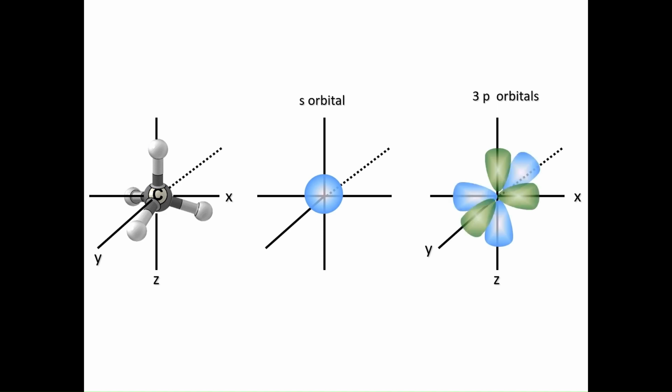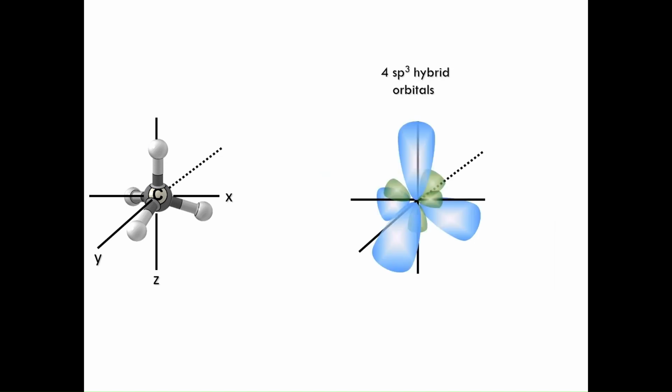You'll notice that its original s and p orbitals do not coincide with the tetrahedral shape that this molecule has in 3-dimensional space. However, when you hybridize those orbitals, you create 4 sp3 orbitals that directly coincide with this tetrahedral shape. And so, of course, it brings to reason why this shape occurs.